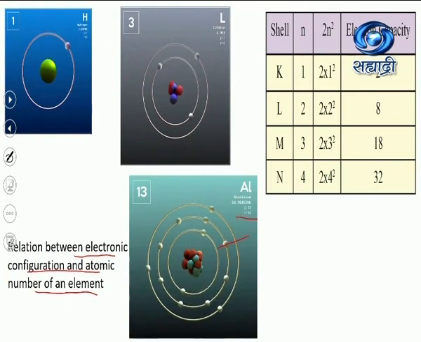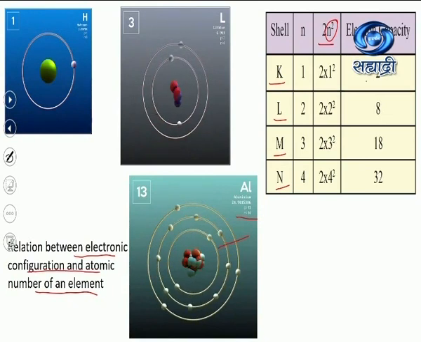What is the electron capacity of the different shells? It is given by the formula 2n squared, where n is the number of the shell. The first shell is the K shell, then L, M and N. The capacity of the K shell is 2 electrons.